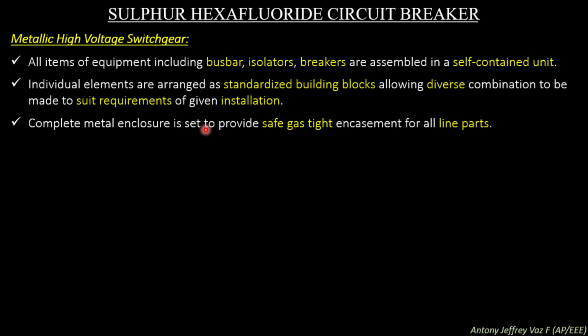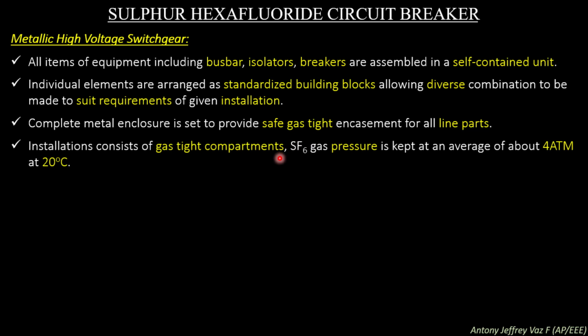Complete metal enclosure is set to provide safe gas-tight encasement for all live parts. Installation consists of a gas-tight compartment. SF6 gas pressure is kept at an average of about 4 atmospheric pressure at 20 degrees centigrade.